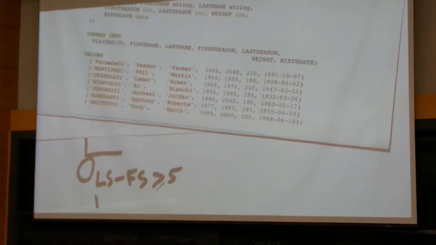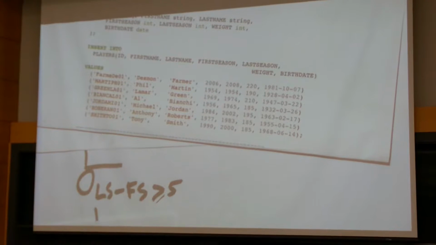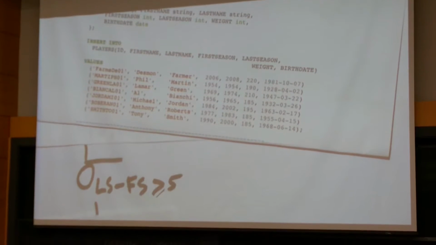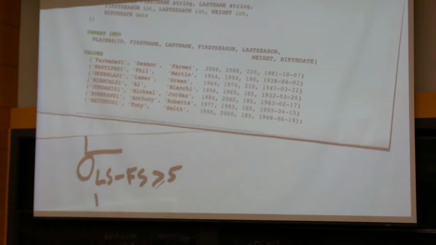Let's call it greater than or equal to 5. What happens now? Then you store that tuple. Or more precisely, since you're being asked to return the next tuple, you return it.